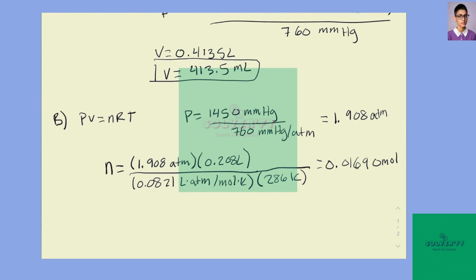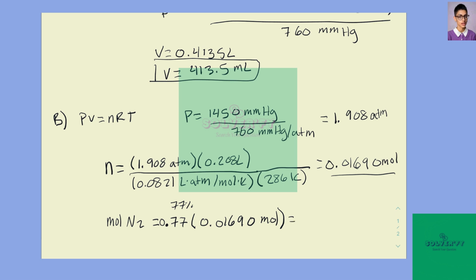Alright, and then to find the moles of nitrogen, it says that our air bubbles consist of 77% nitrogen, so we're going to just turn that into a decimal, which is 0.77, and we're going to times it by this number of moles, 0.01690 moles.